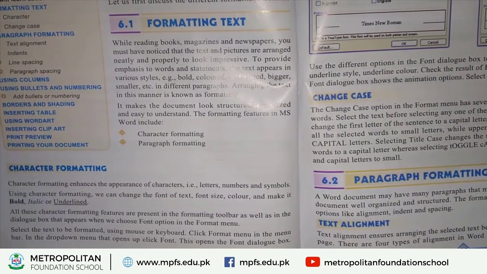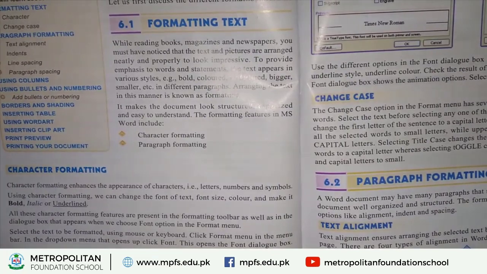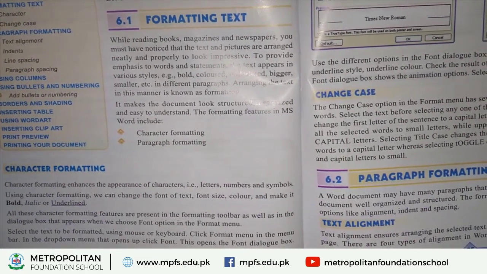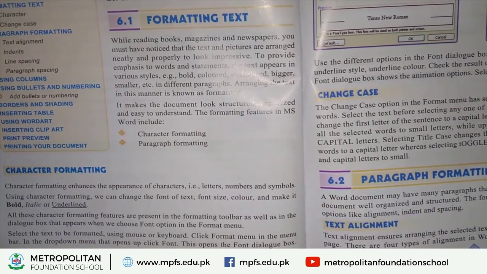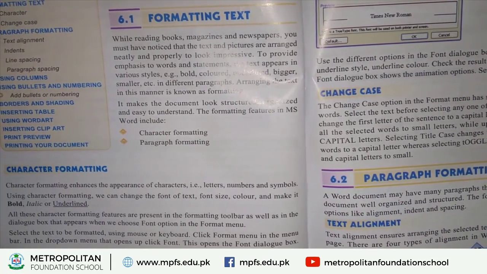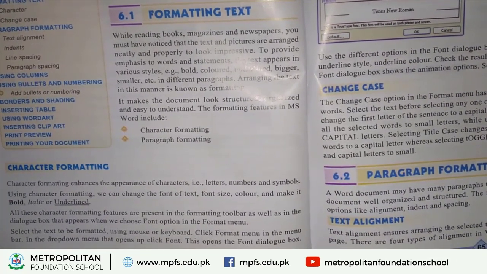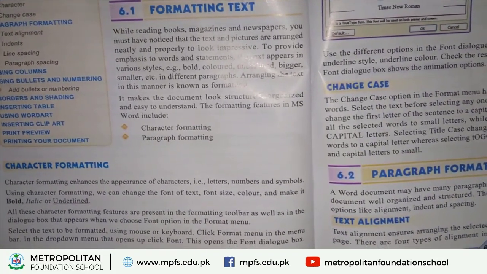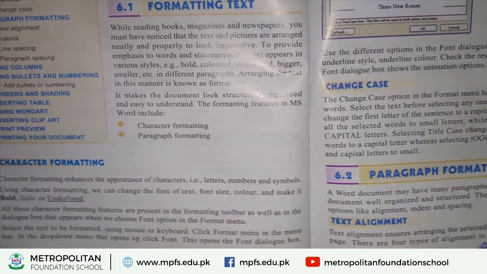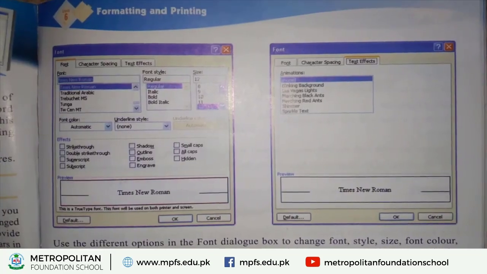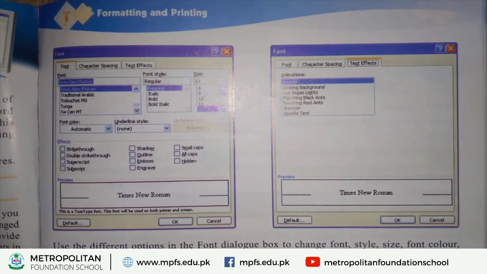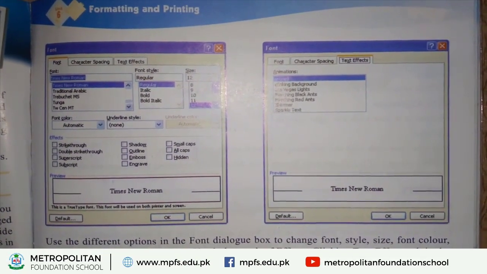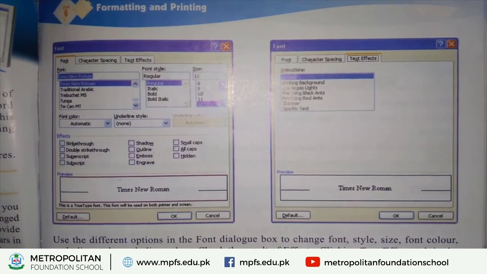Select the text to be formatted using the mouse or keyboard. Click the format menu in the menu bar. In the drop down menu that opens up, click font. This opens the font dialog box. You see the window is open.